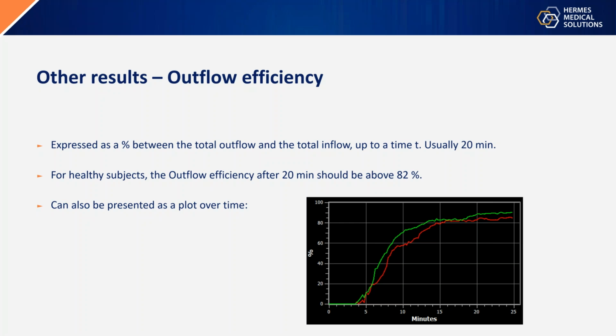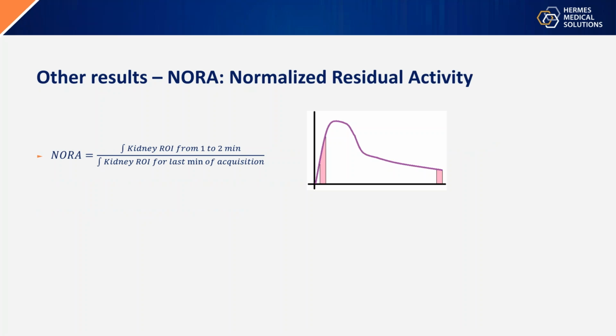The outflow efficiency is also very closely correlated to the normalized residual activity, or NORA, which is also a ratio of the activity for minute 1 to 2 and the last minute of acquisition.